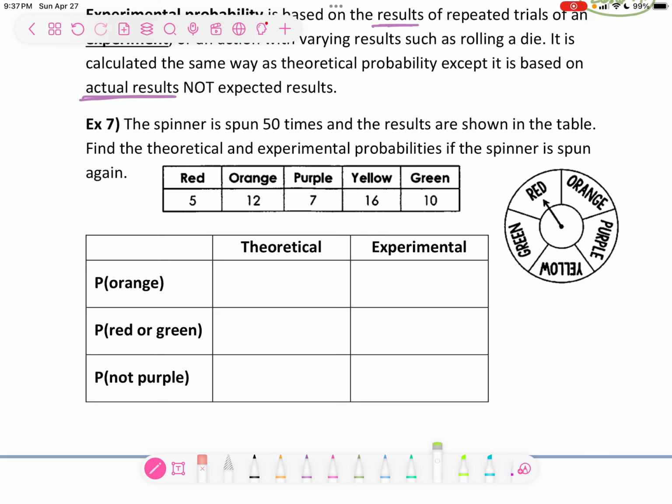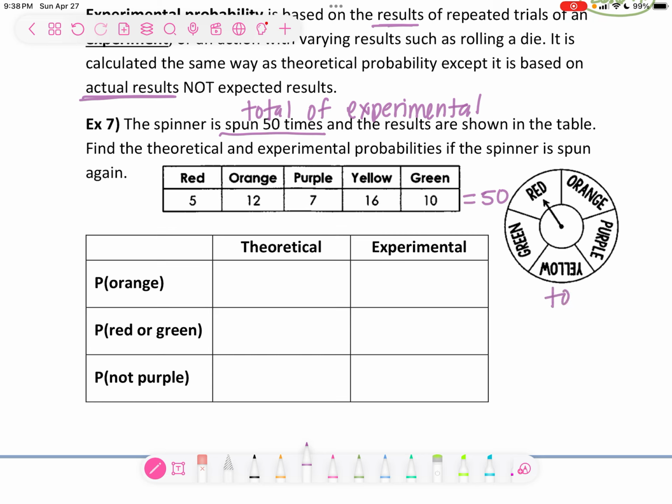Taking a look at that, first of all, the totals are different for each situation. If the spinner is spun 50 times, that's the total for experimental, because that's how many times the spinner was spun. All of that data adds up to 50. Now for theoretical, the total is going to be based on the spinner itself.